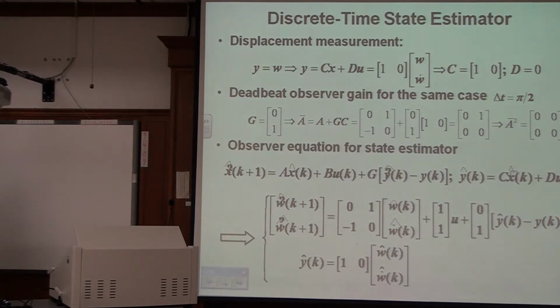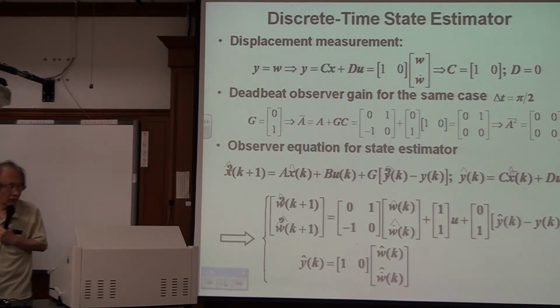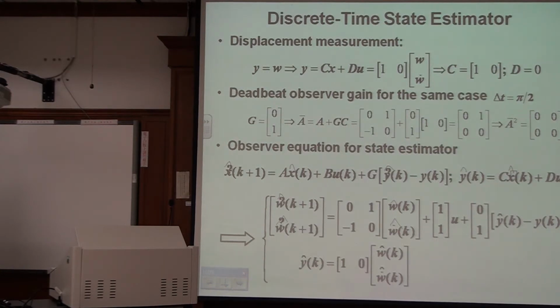In your homework, one way to do it is to just use A bar squared equal to 0, 0, 0. Another way is to do exactly the same as what I show here, except now my poles are 0, 0, and the closed loop observer poles will be 0.